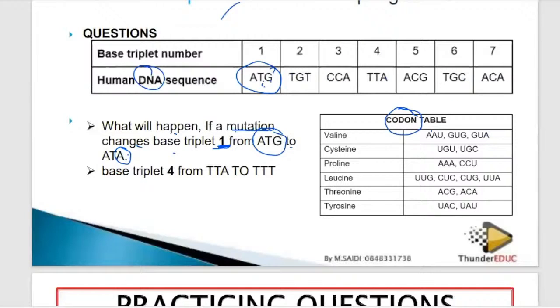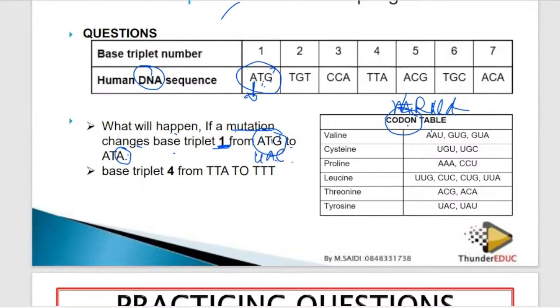So now the question is asking, it means that it's changing from DNA to codon. It means that it's talking about messenger RNA. Is it clear? So now, what you do is change this into messenger RNA. When you change into messenger RNA, A goes with U, T goes with A, G goes with C. So I'm going to CUA.